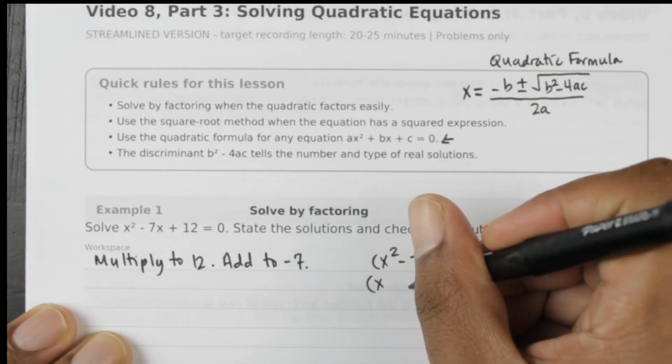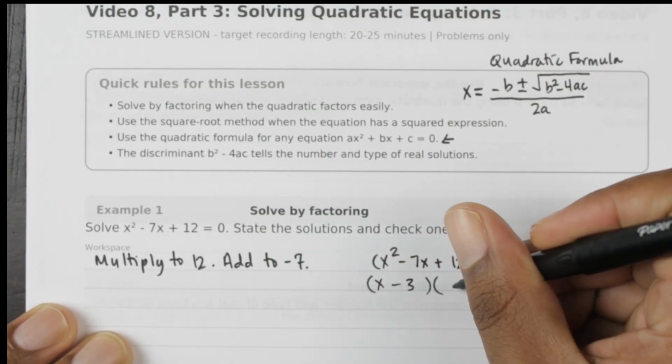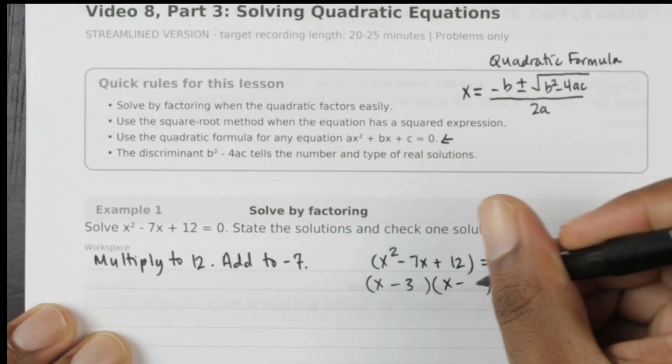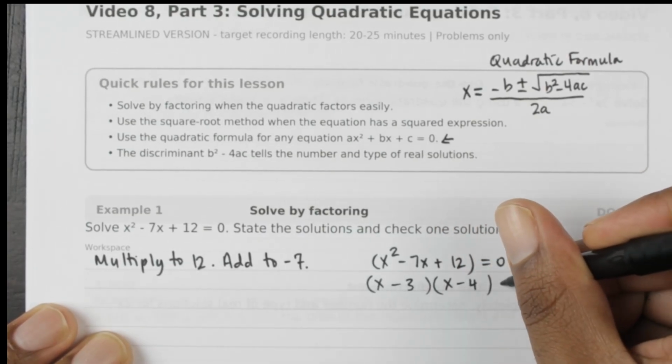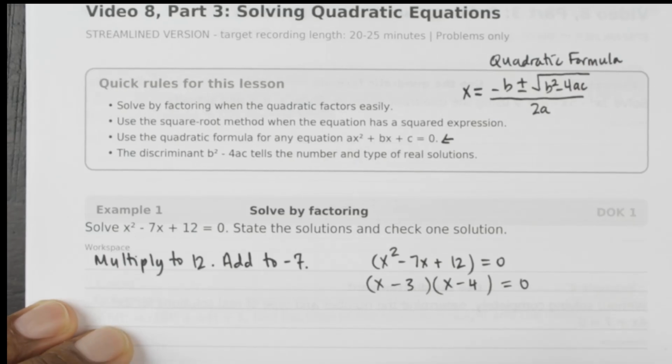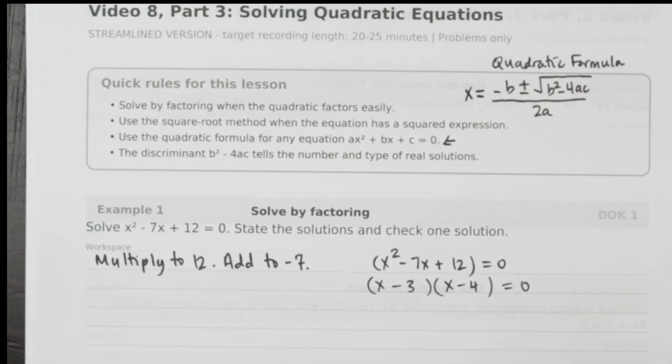x minus 3 and x minus 4 equals 0. Now, using the zero product property, if two factors multiply to 0, then at least one factor must equal 0.